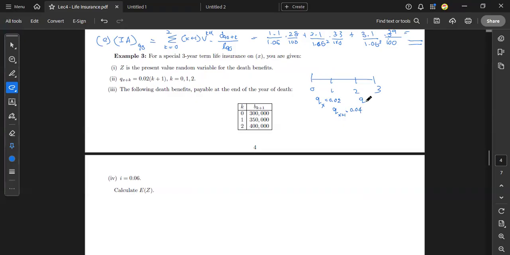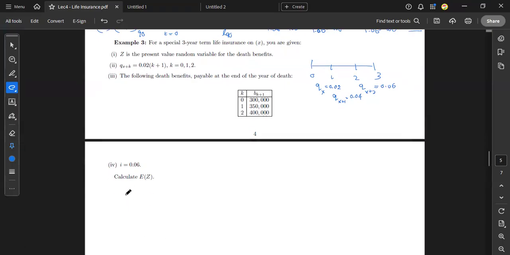When k is equal to 2, x plus 1, this becomes 3, so 0.06. So those are the death probabilities for these 3 intervals. And the following death benefits are payable. So now you can see the death benefits are 300,000, 350,000, and 400,000. So it's increasing by 50,000 at each age, and the expectation, so we can get it like this.